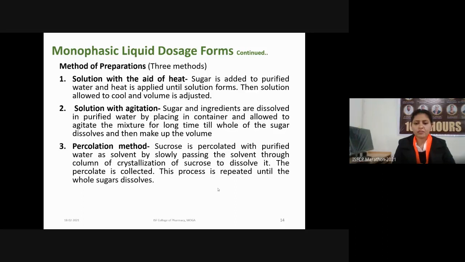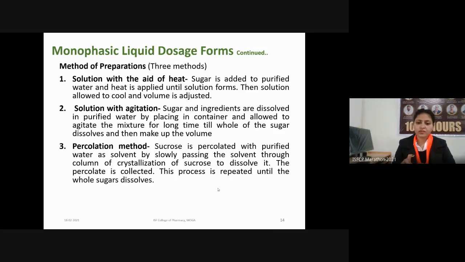It means we just have to place all the components that we want to use for the preparation of the syrup into the water, the vehicle, and then keep on agitating that mixture until all of the sugar is dissolved, and then we will make up the volume.